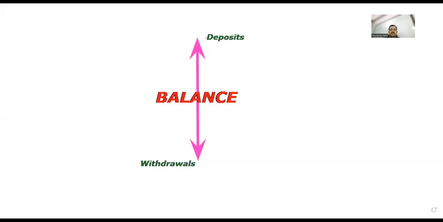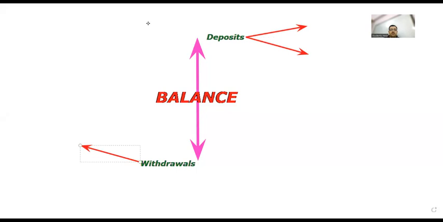Another maxim, children. In case of the passbook, I repeat, in case of the passbook, deposits appear on a different side in comparison with the cash book, if I'm not wrong. Yes or no? Same is the case for withdrawals as well, children.